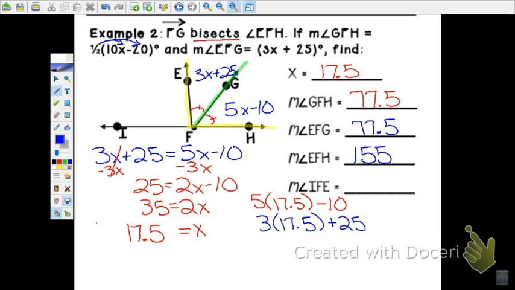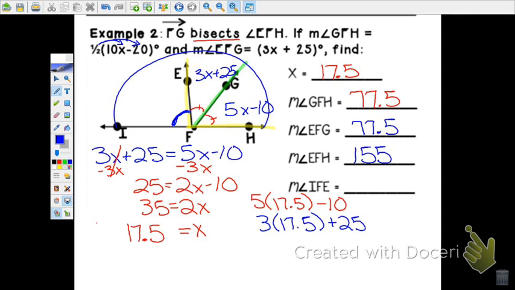And then the last one, they want the measure of angle IFE. And angle IFE is this angle. Here we can use what we know about supplementary angles because we have this great big angle all the way around that we know to be 180.